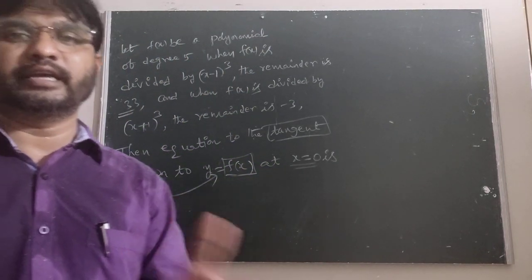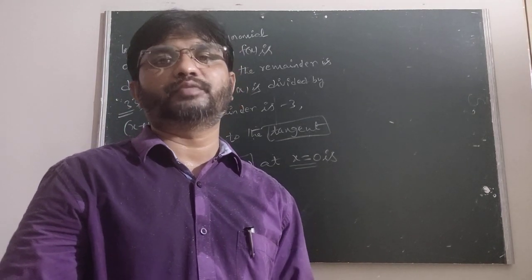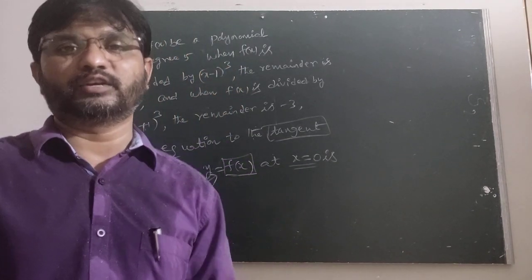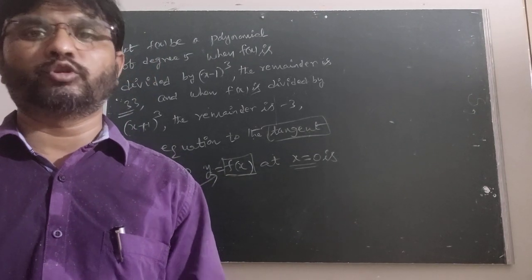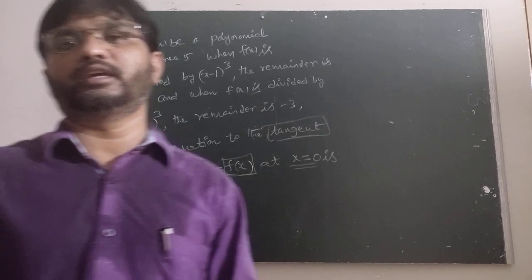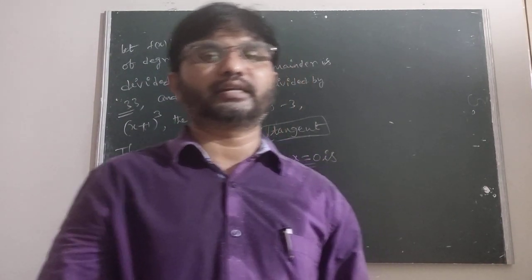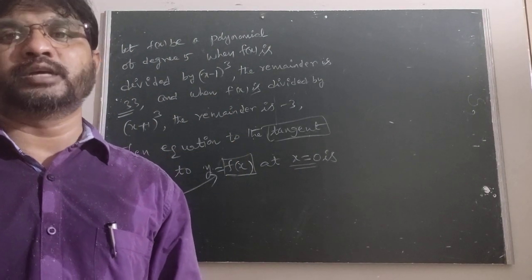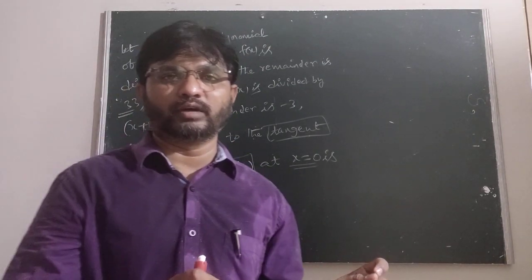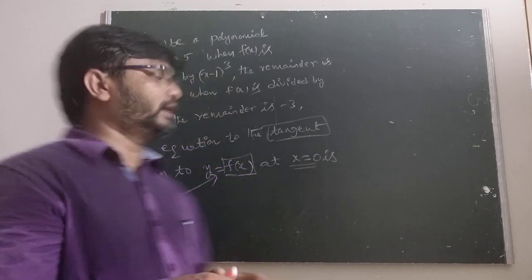If a curve is given at some point, we find the slope of the tangent at the point, which we take as m. After that, the slope point form y minus y1 equals m into (x minus x1) is the equation of the tangent at (x1, y1) having the slope m.